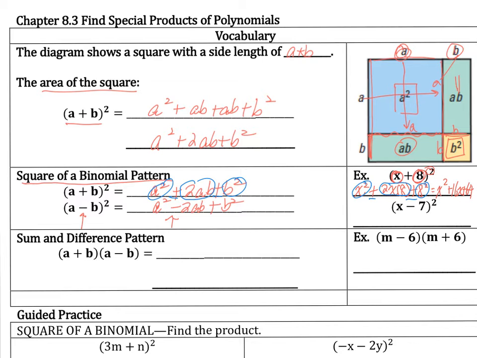And the same thing would go for another one with the subtraction sign for the binomial. X squared minus 2 times x times 7 plus 7 squared.